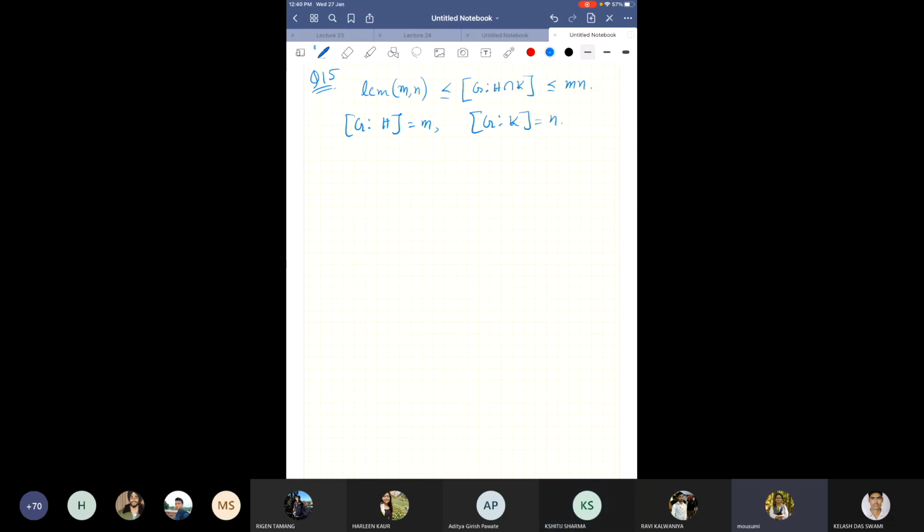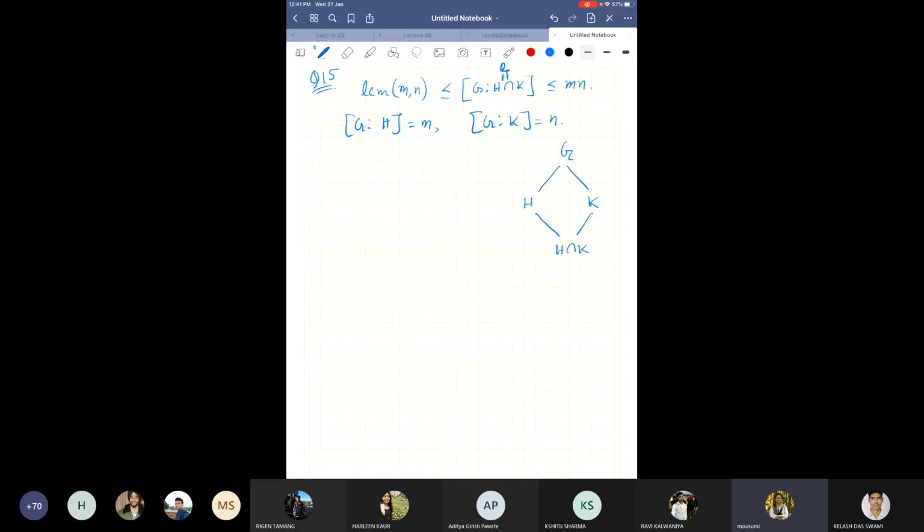Okay, so let this G colon H intersection K be equal to L. This number is L. So what do I have? I have this G, then this subgroup H, and then another subgroup K, and then this subgroup H intersection K here.